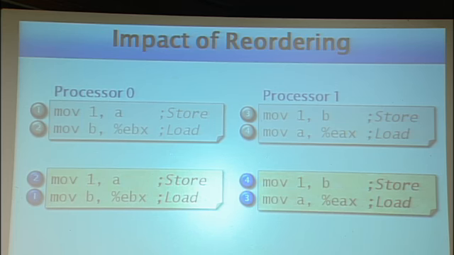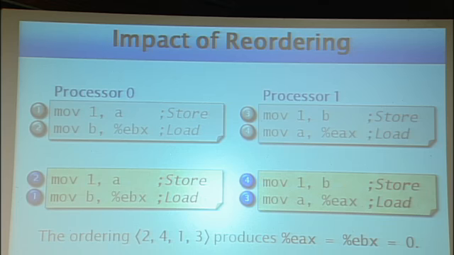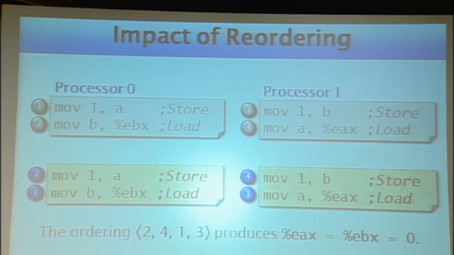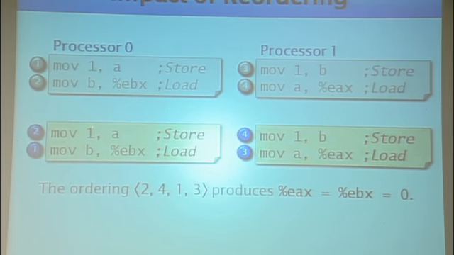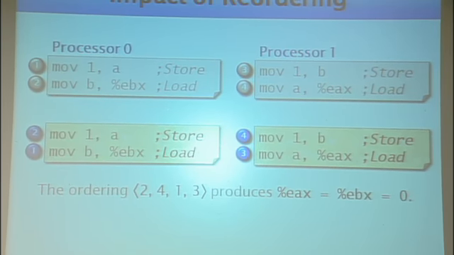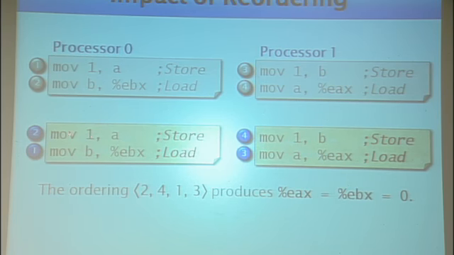So I could do 1, 2, 3, 4. Then if I do the ordering 2, 4, 1, 3... did I get this screwed up? I should be swapping these, right?